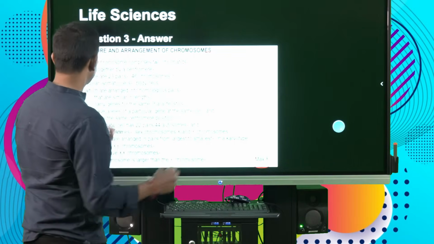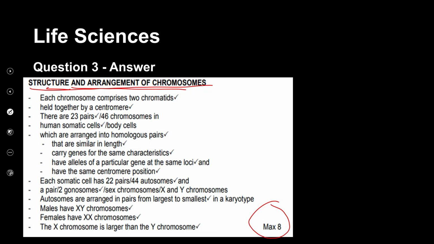Again, the structure and arrangement of chromosomes are important. Remember to discuss that chromosomes at the start consist of chromatids, which are held together by centromeres. Reference that a human karyotype has 23 pairs of chromosomes, arranged according to their size.